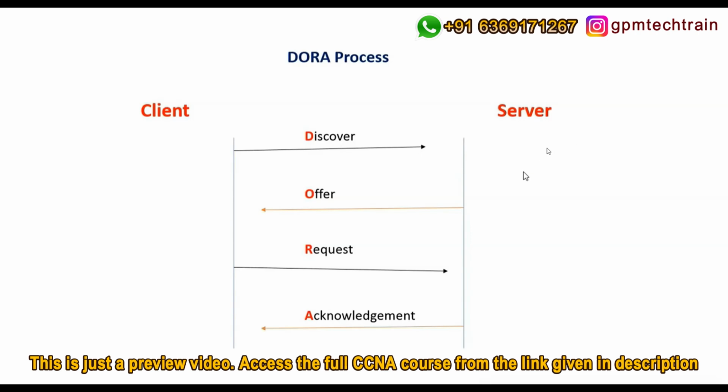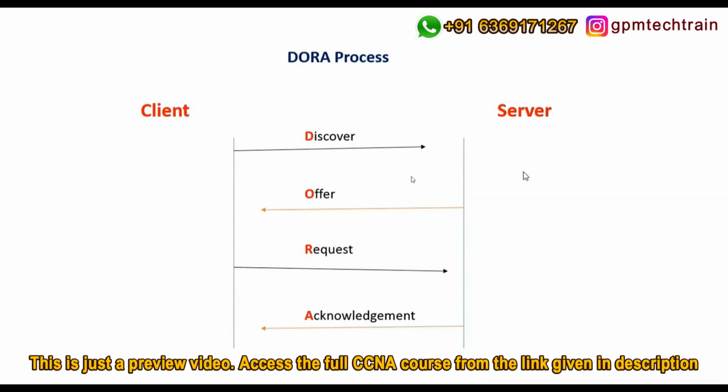It will map this IP in its server and send an acknowledgement saying: client, you have been reserved the IP 10.10.10.1. Going forward, you will use that IP. Once the acknowledgement is sent, the client saves that IP in its configuration and starts to work. This is what the DORA process is.